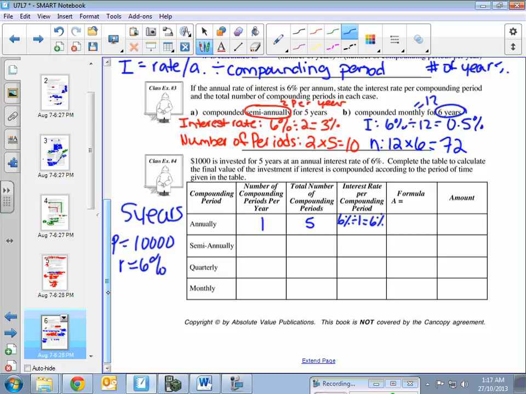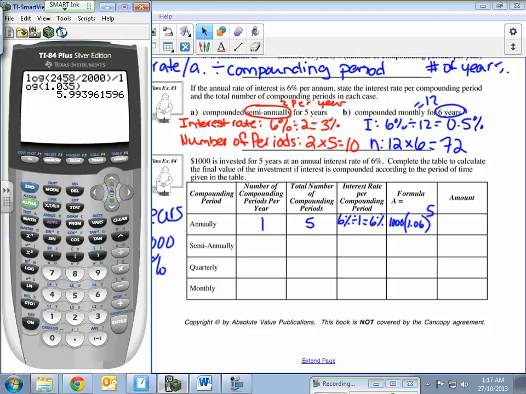So A equals your initial investment, so it'll be 1,000 times 1 plus your interest rate, 1.06. And then it'll be to the total number of compounding periods, to the 5. So 1,000 times 1.06 all to the exponent 5.